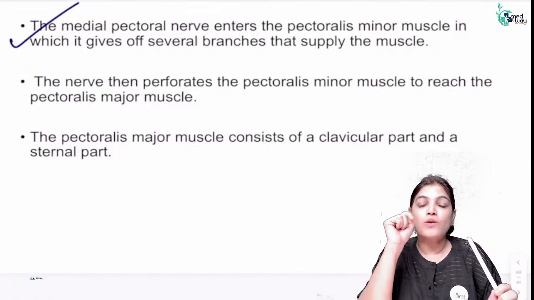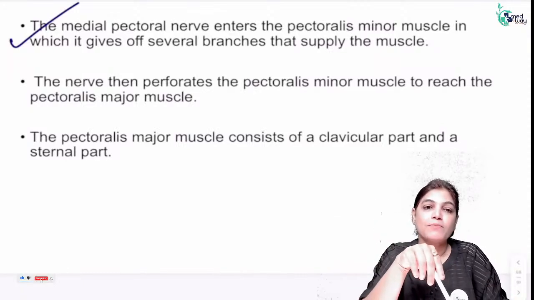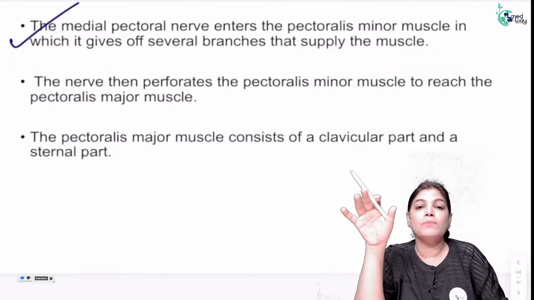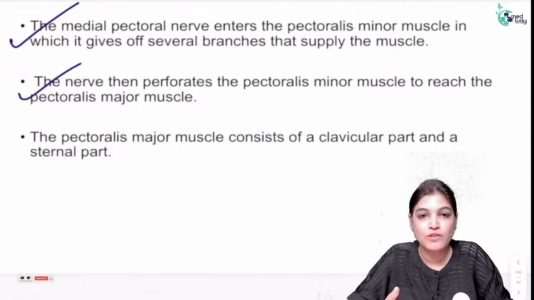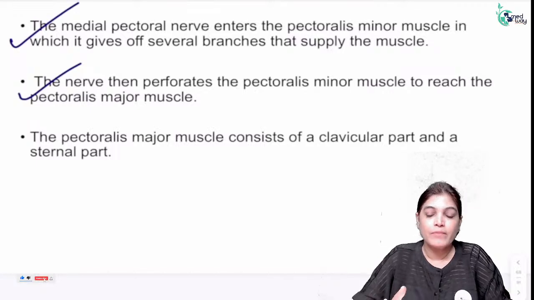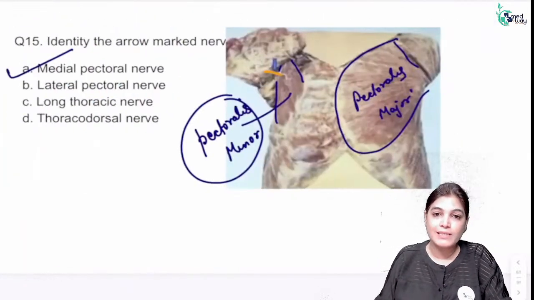Here, how do we identify the medial pectoral nerve? It penetrates the pectoralis minor muscle and then perforates it to give innervation to the pectoralis major muscle. So that is the reason we go with the medial pectoral nerve as the right answer.